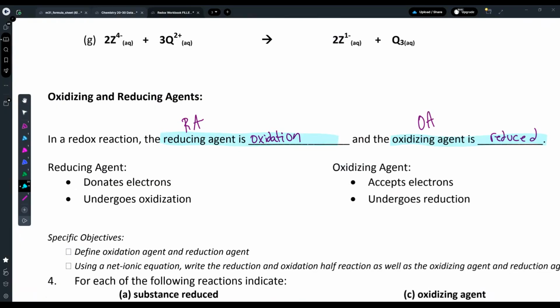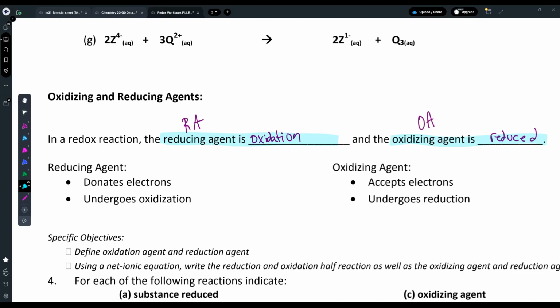Something you can use to help you remember what happens with reducing agents or oxidizing agents is to think of a travel agent. A travel agent helps you to plan your vacation, but they themselves don't go on vacation with you. Same thing with reducing and oxidizing agents.